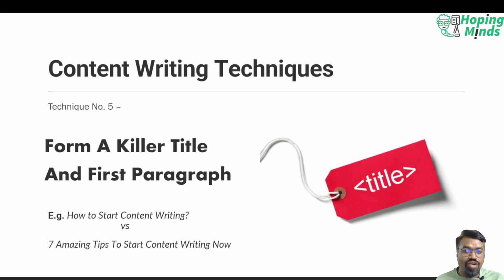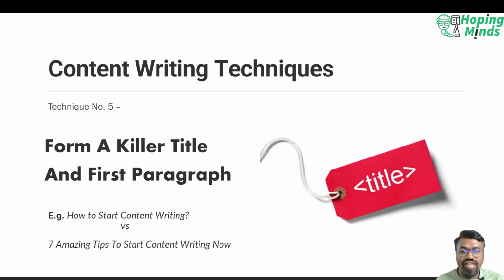Example I have already given: how to start content writing versus 7 amazing tips to start content writing now. So first versus the second, as per me, I'll go along with the second headline, which says 7 amazing tips to start content writing now. Now, if you choose the second headline, then definitely the user who is reading the blog might finish the complete blog.